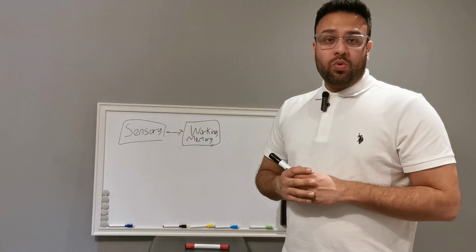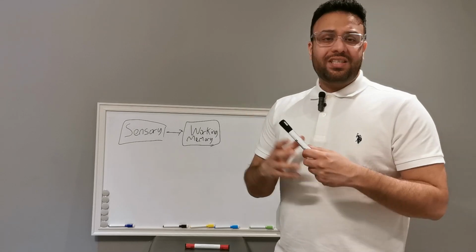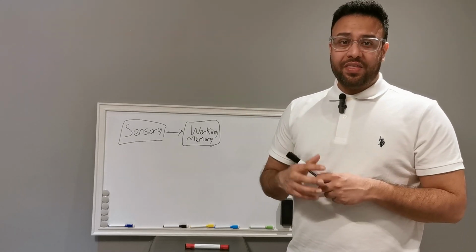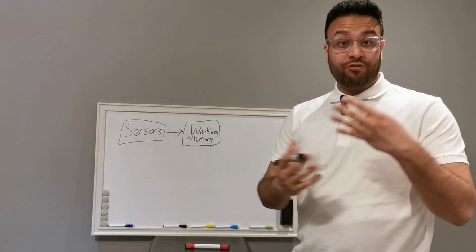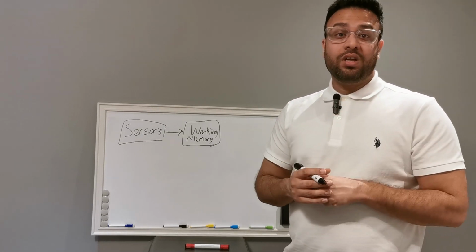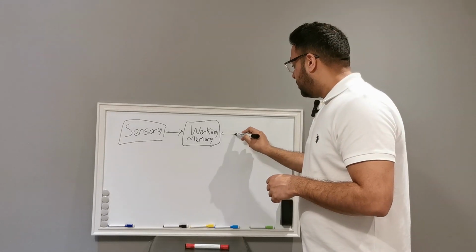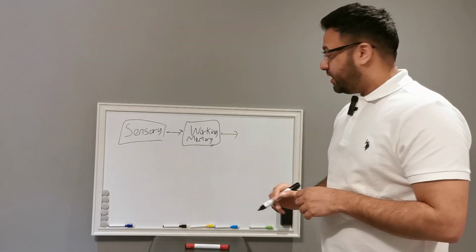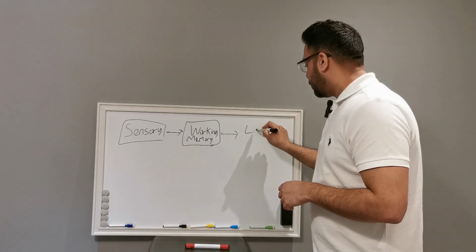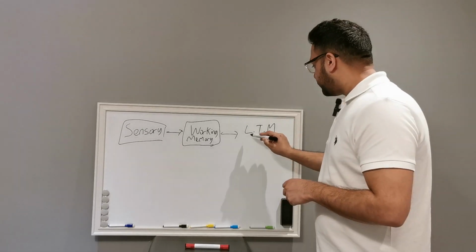Once we've got it into our working memory and we've processed and sorted the information, then something special happens. Through some type of retrieval practice or some type of repetitive or active recall, it will then go into our long-term memory, or LTM. I'll write that for short, just so that we can keep it nice and simple.